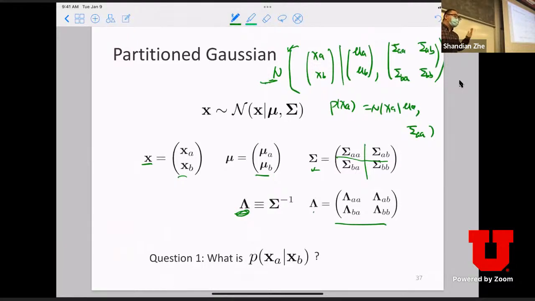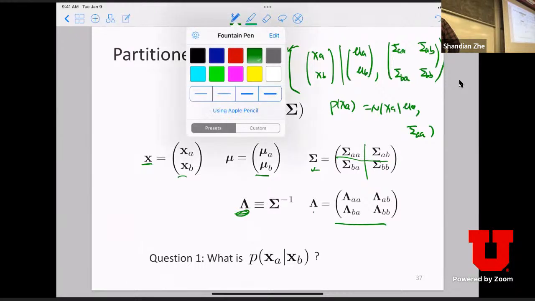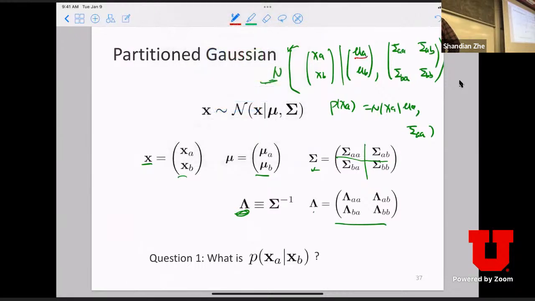How can we derive the conclusion that the marginal distribution of XA simply corresponds to the corresponding part? Integration? Yes, of course, we can take integration, but that will make things a lot harder. So I want to introduce a computation technique to answer this question.